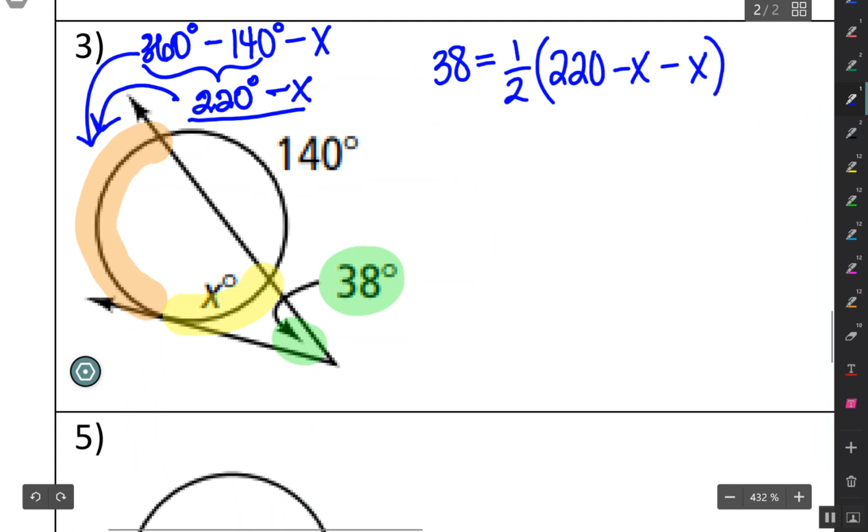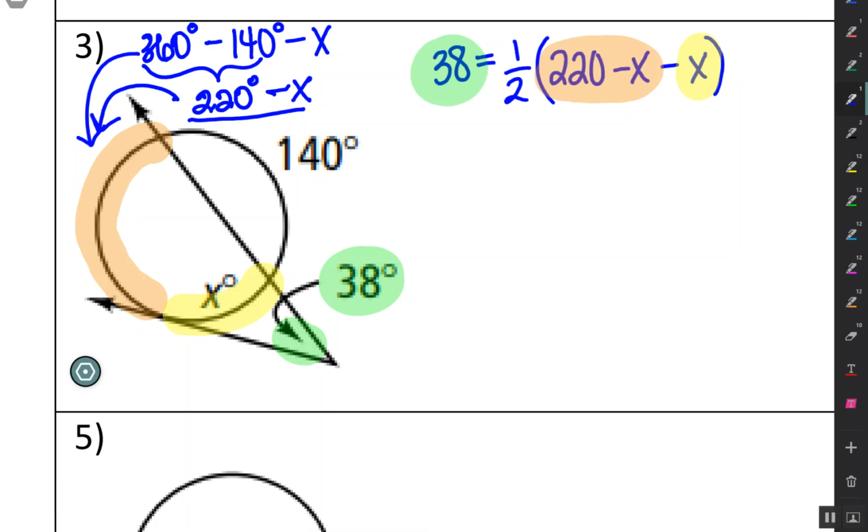So again, the angle on the outside equals 1/2 the big arc, which is this 220 minus x that we found, minus the little arc, which is x. So now this becomes an equation we need to solve. So let's combine our like terms here.